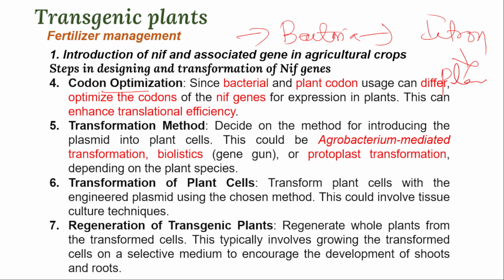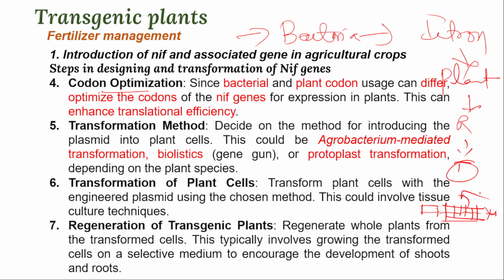In plants, the DNA should go through replication and transcription. In transcription, what happens? After transcription, modifications like capping, tailing, and splicing occur. If we insert only the coding sequence, there will be splicing of the genes, and then there is no expression of the NIF gene.